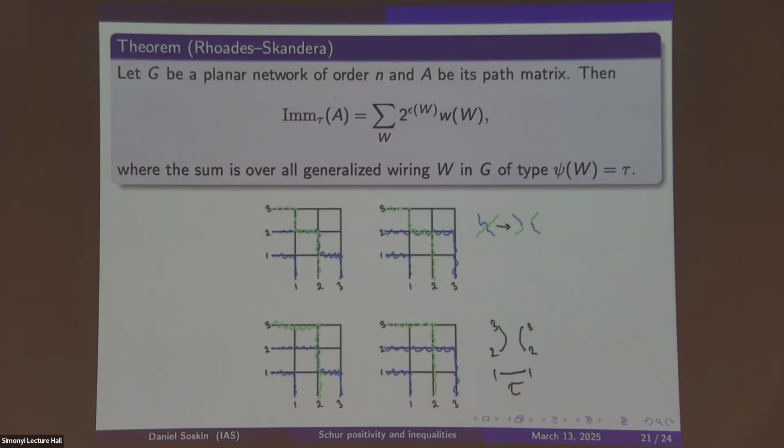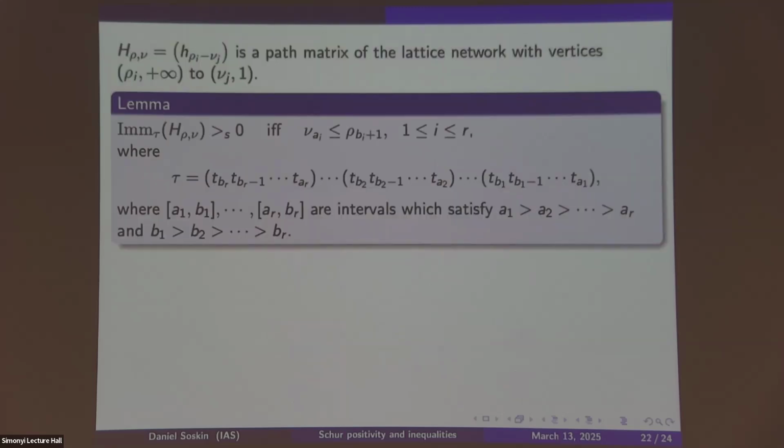So you will also have to understand how you parameterize your matrix. The Jacobi-Trudi matrix is parameterized in a standard way. We take a lattice network, and if you want to parameterize the Jacobi-Trudi matrix for rho and nu, we take vertices at row i at plus infinity and vertices at nu_j, right? This is a standard parameterization.